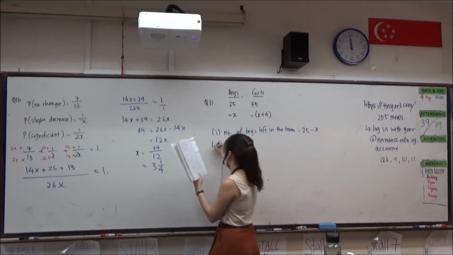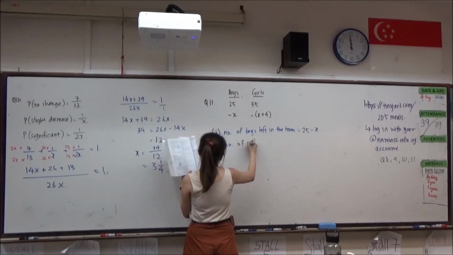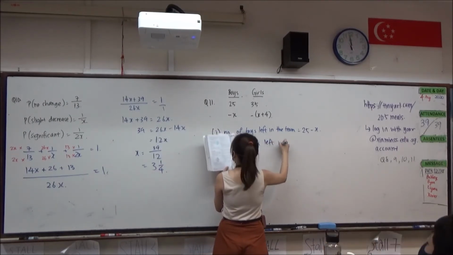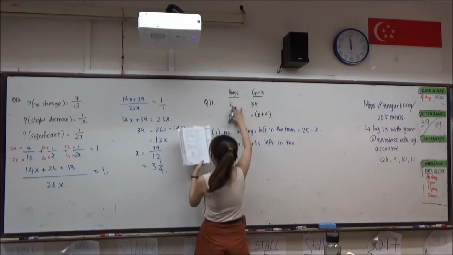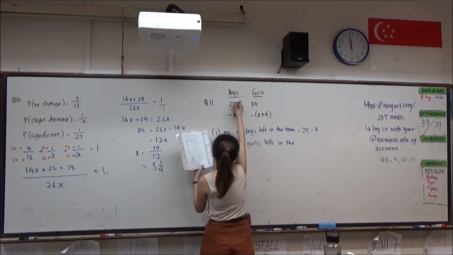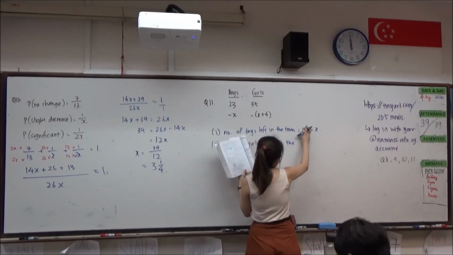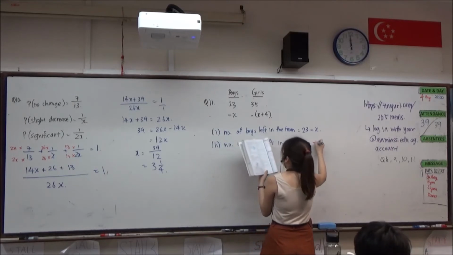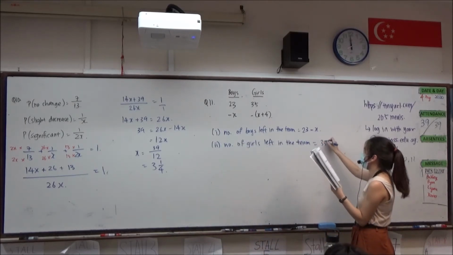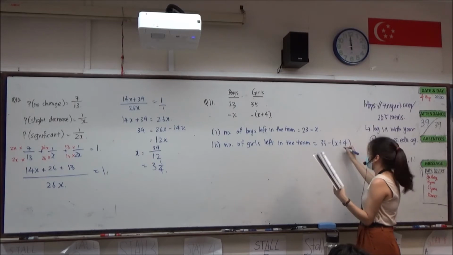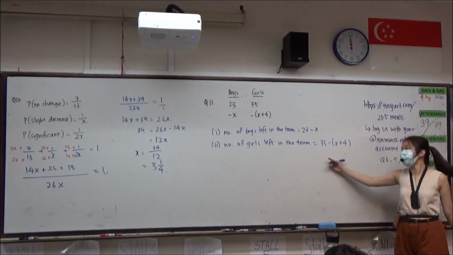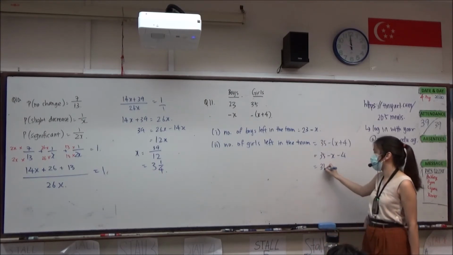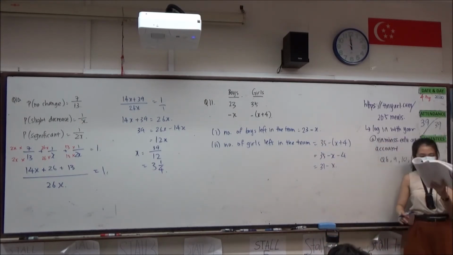And the number of girls left? 35 minus x plus 4. Please simplify this. Open up the brackets: 35 minus x minus 4. We get 31 minus x girls.